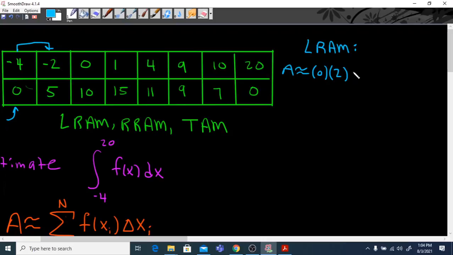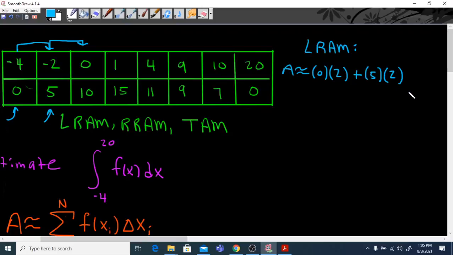Plus, that's our first rectangle. For the next one, we march over by 1, so this is the y value for the next one, and the width is found by looking at these. -2 to 0 is a width of 2.